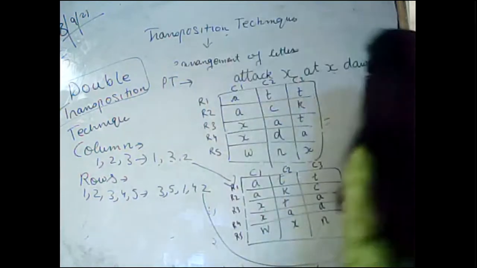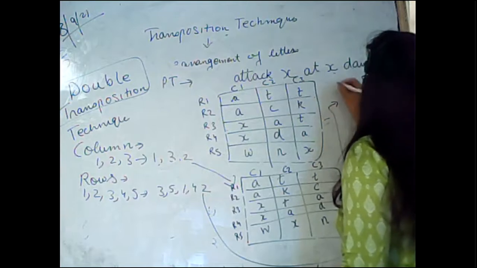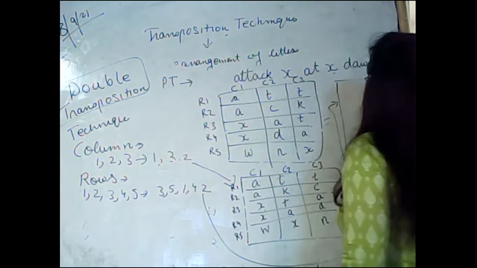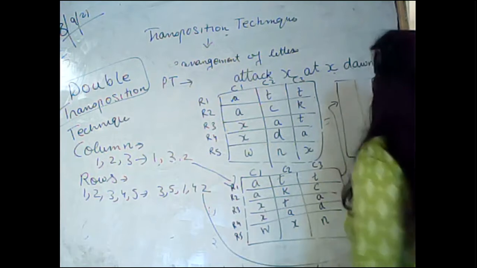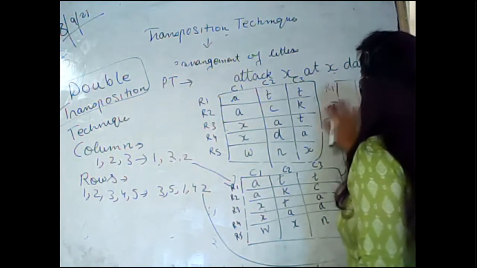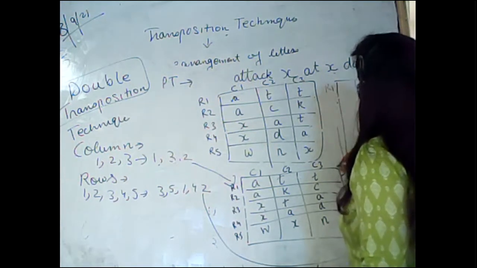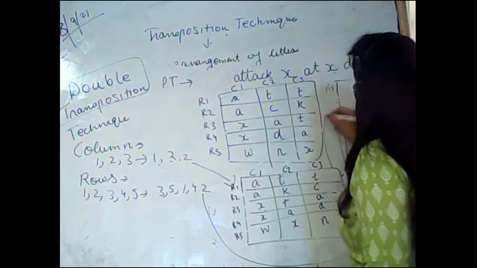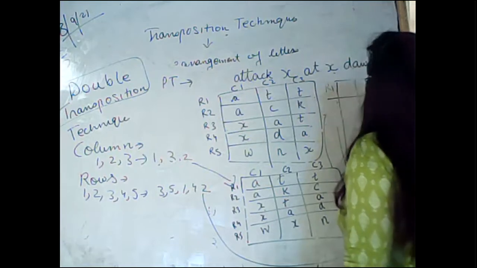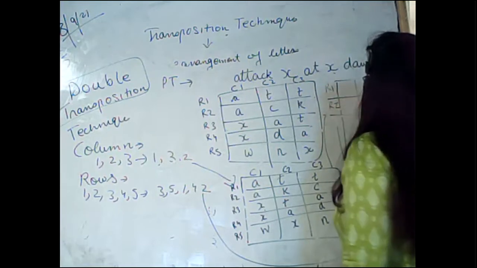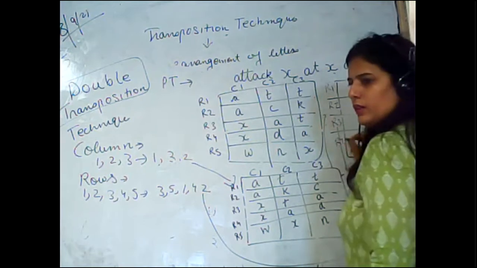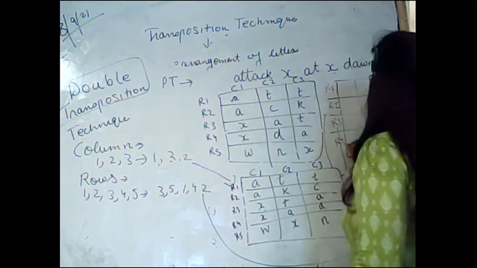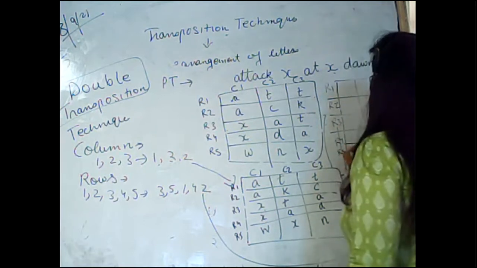I will simply show how we can perform this part. We have only 3 columns, 1, 2, 3. This is your row 1. Let's suppose the values that we get are row 1, row 2, row 3, row 4, and the last one will be your row 5.